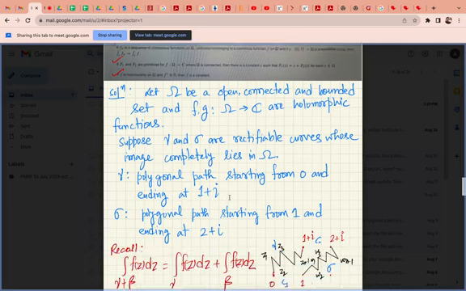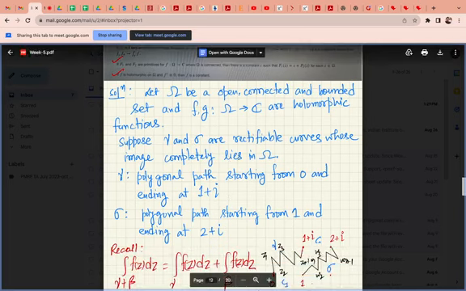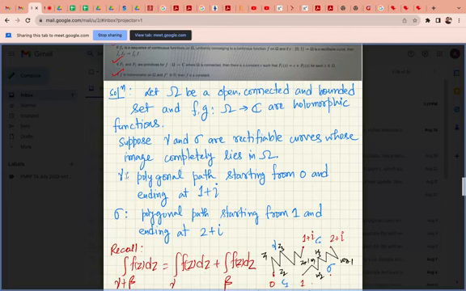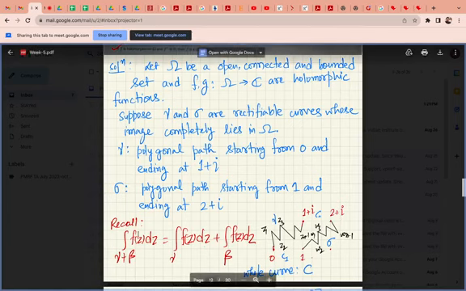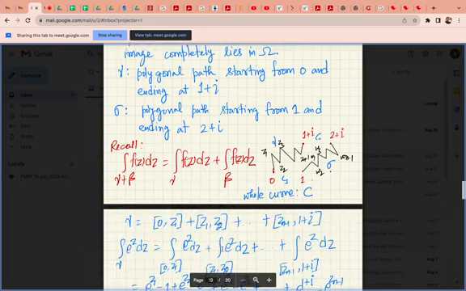Okay, so let us look at the problem. Let gamma be a polygonal path starting from 0 and ending at 1 plus I. So this is 0, this is 1, this is 1 plus I, and this is 2 plus I. So 0 to z1, z1 to z2, z2 to z3, then again you will go to 1 plus I. Similarly here, w1 to w2, w3, and again w n minus 1, and then you will go to 2 plus I. Recall that the integral of f over gamma plus beta is the integral of f over gamma plus the integral of f over beta.